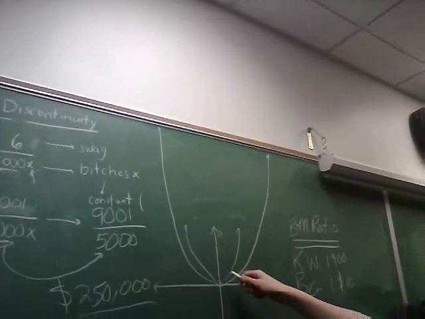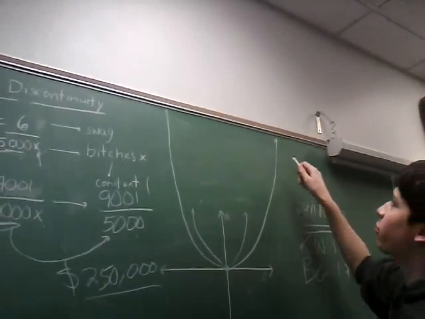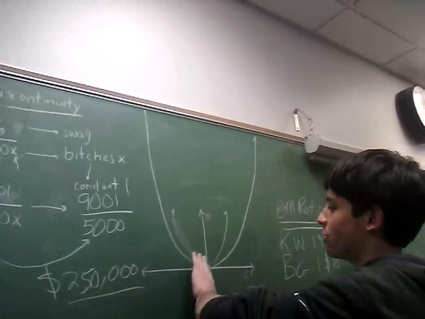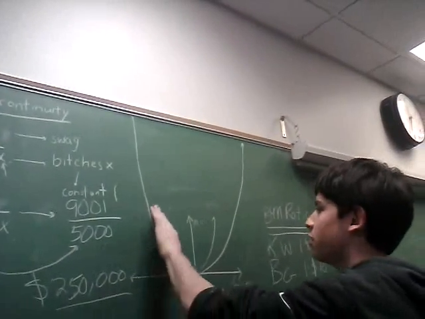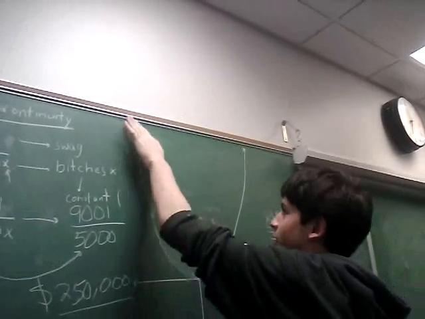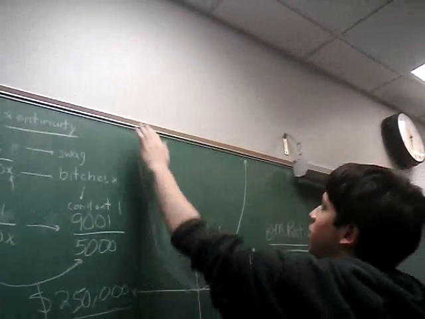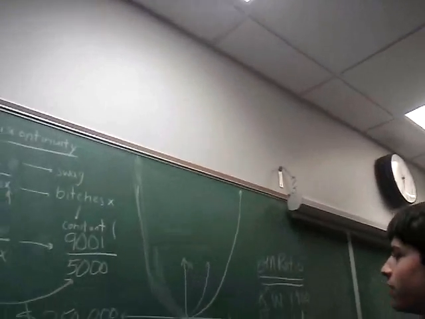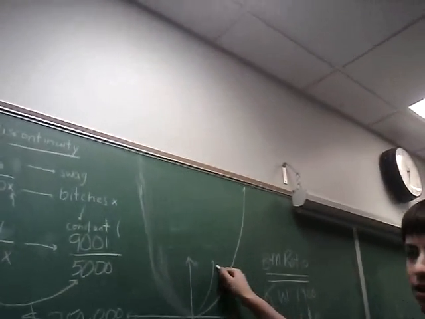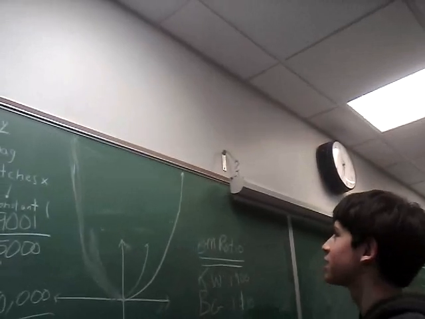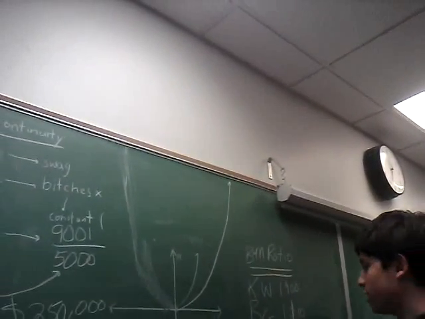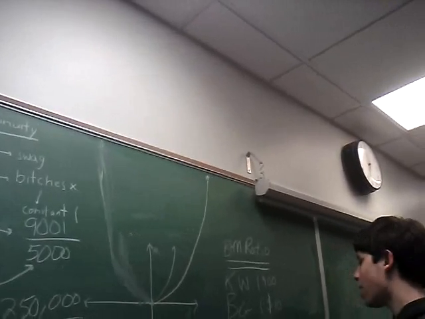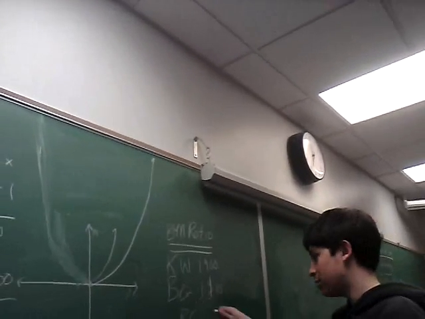He has more bitches that he can just transfer for more and more money. You can just disregard this side because you're not going to have negative bitches. It's obviously not possible. So yeah, he can transfer his extra bitches into money, and that's what determines, in discontinuity terms, Base God's higher swag will give him more money and bitches.